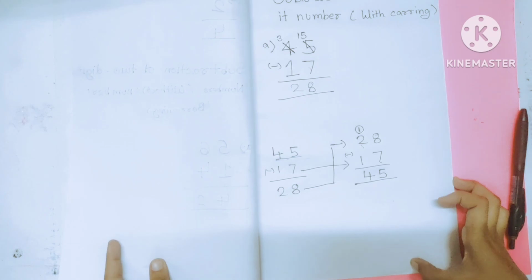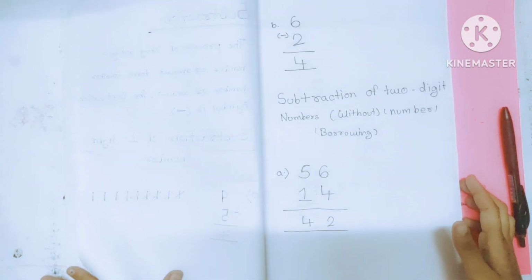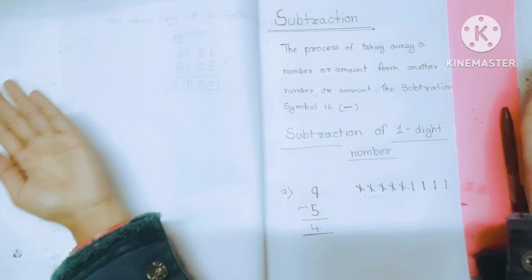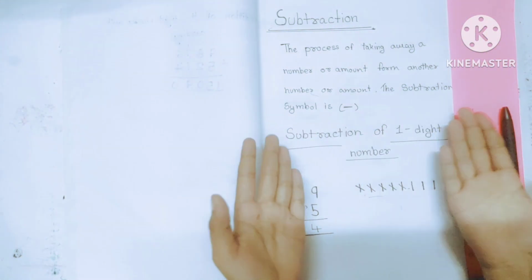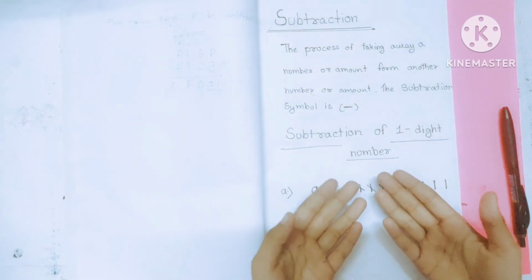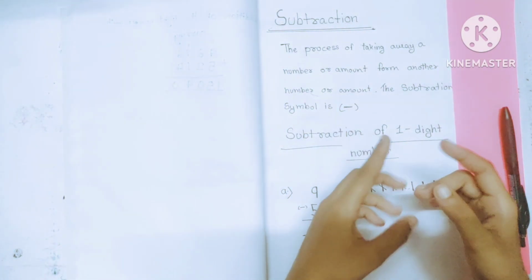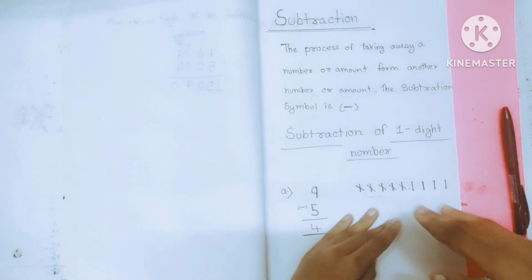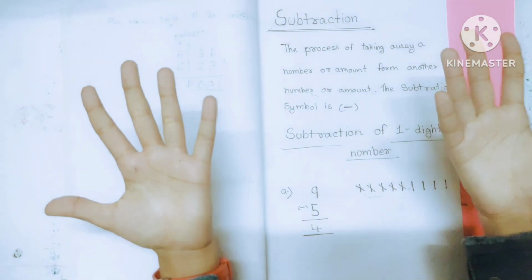So what did we learn today? We learned what subtraction is, the subtraction symbol, subtraction of one-digit numbers by drawing sticks and lines, by cutting them, with fingers and hands also.